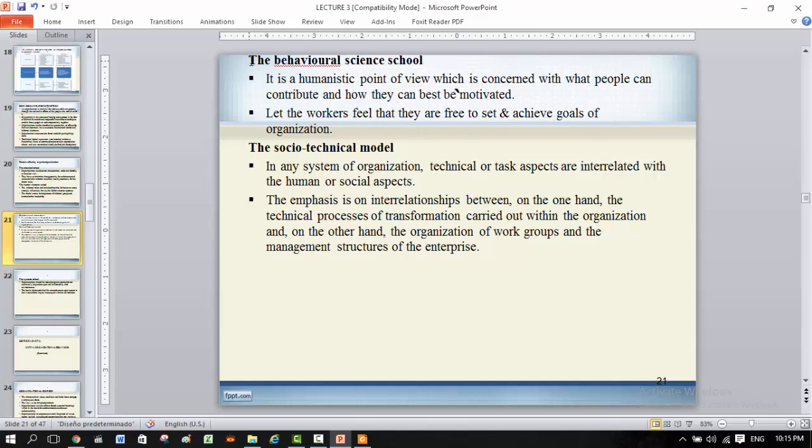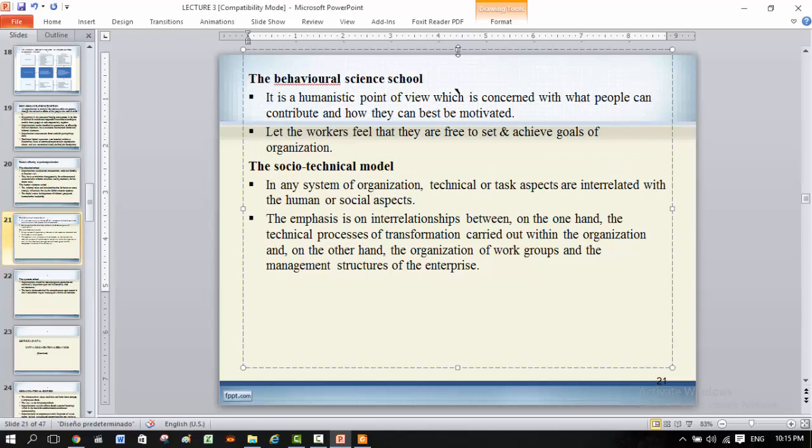This school of thought believes in freedom of the employees. They should be given such an environment that they feel free to work. Let them achieve goals. Let them set the targets for themselves.